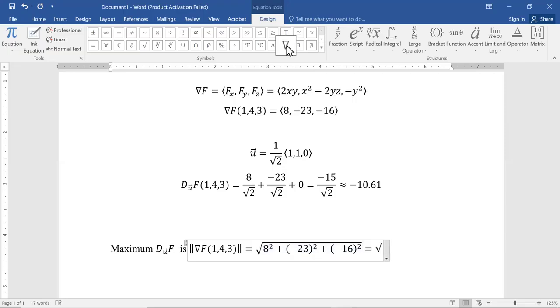That's the square root of 849, it looks like.